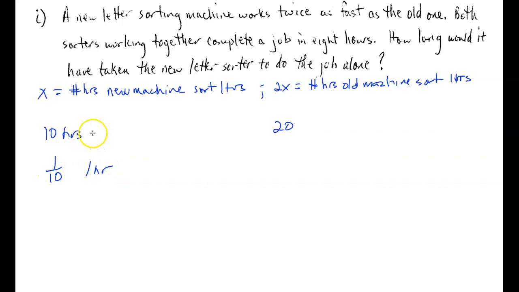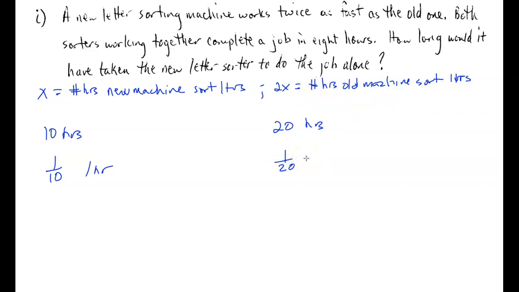Okay, so we don't know how many letters it is, but we know that if it takes 10 hours to do it, if we just looked at 1 hour, 1/10 of that should be done if everything is done in a linear fashion. Same thing here. If we had a total of 20 hours it took for the old machine to do it, then of course after 1 hour, 1/20 of it should be done.